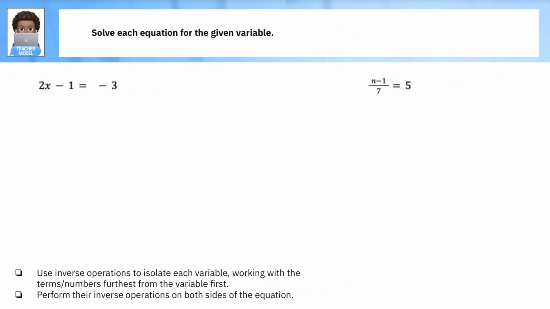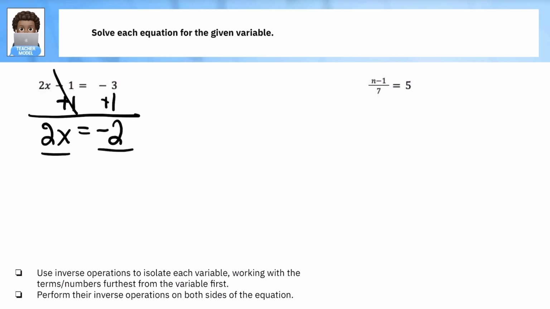And now let's get to our last one. Again, we're moving super fast now, because now you can kind of see where we're going with this. Creating a 0 pair. Doing the opposite, so a coefficient of 2 means I'm going to divide by 2. X is equal to -1.